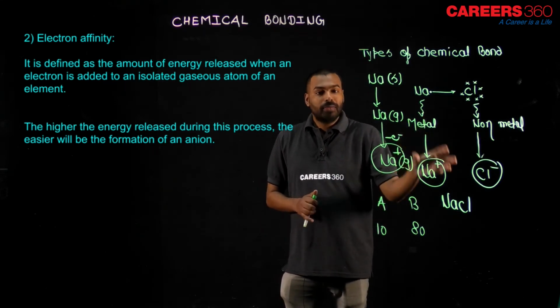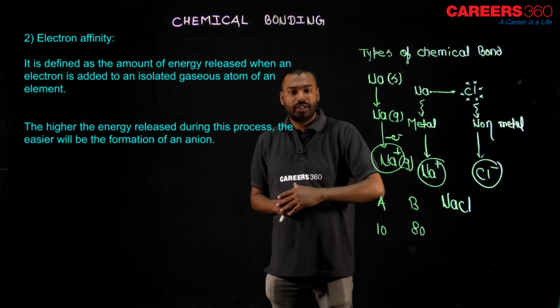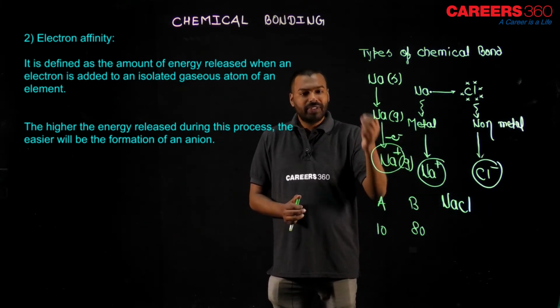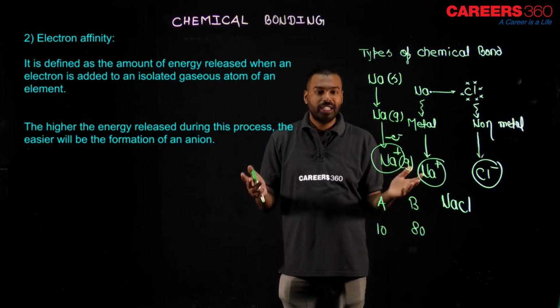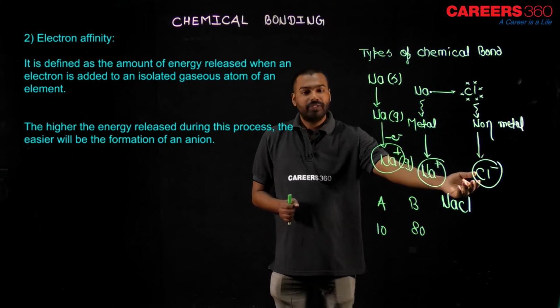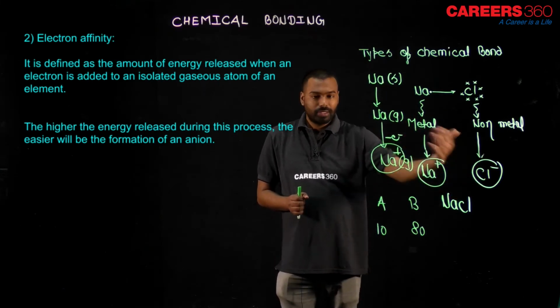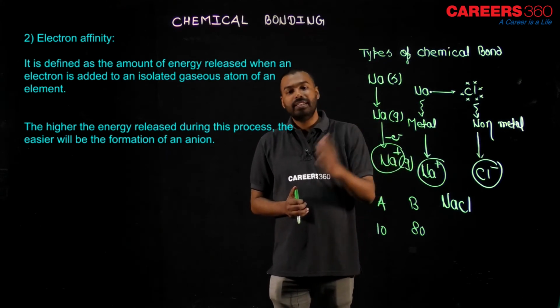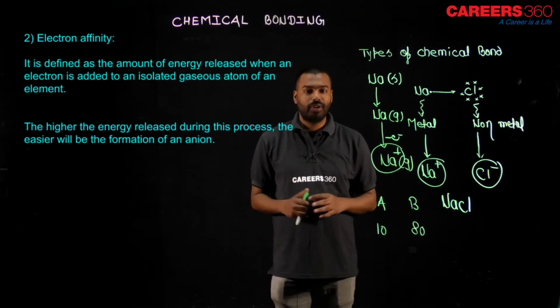So, if any non-metal is releasing more energy during the ionic bond formation, it is very good. If any metal is absorbing very less energy to form the ionic bond, it is very good, right. So, higher the energy released by the chlorine, the easier will be the formation of anion, easier will be the formation of ionic bond.